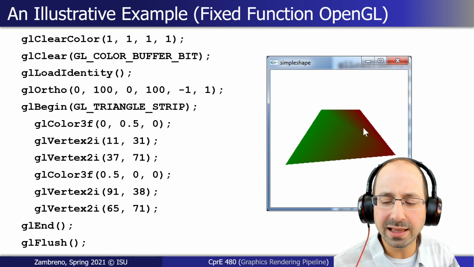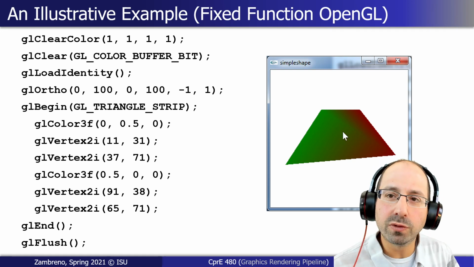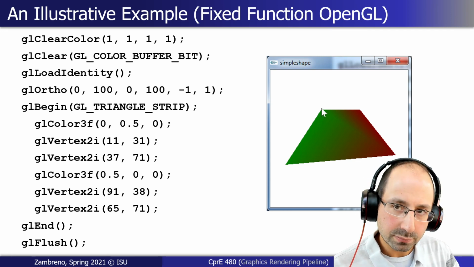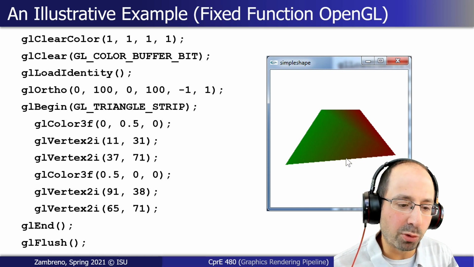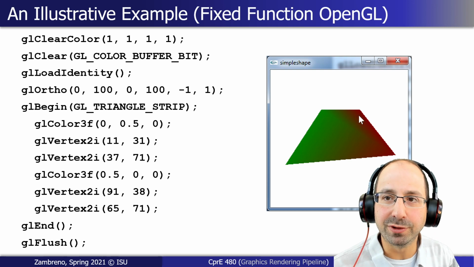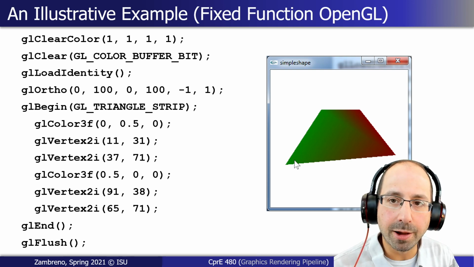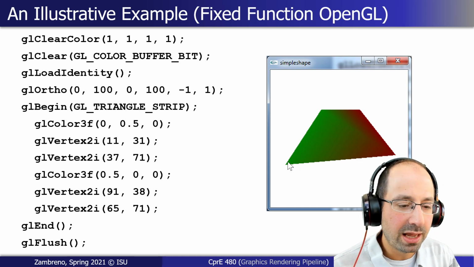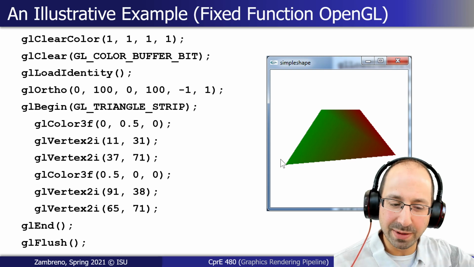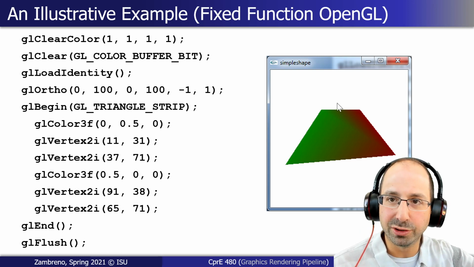If we drew edges here, it'd be a little bit more obvious because it's a triangle strip. It's rendering two different triangles here, right? You're not rendering an actual trapezoid. And if you were specifying an actual trapezoid, there may be a different way you'd want to blend the color from left to right.